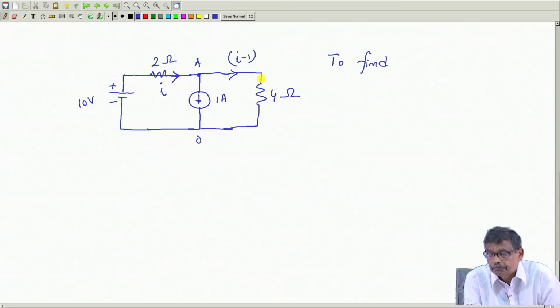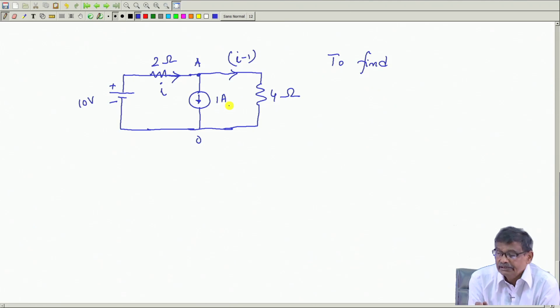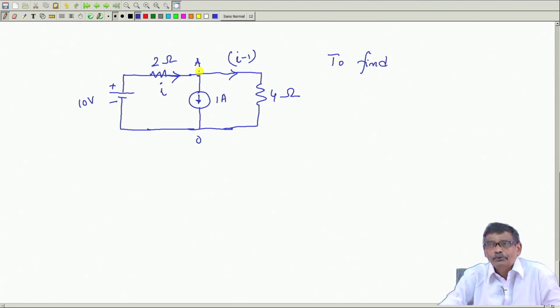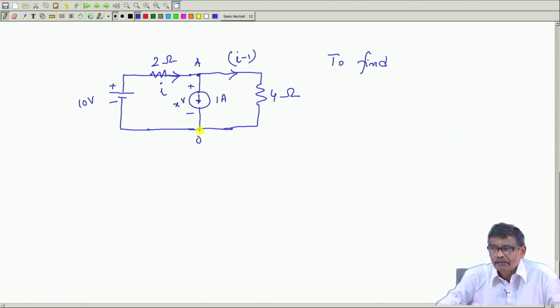Similarly, in this path, this voltage and this voltage must sum up to 0. All things are known, but you see, the voltage across the current source is unknown. Whatever the voltage drop across this one is, I am not sure. That is another unknown, x volt.